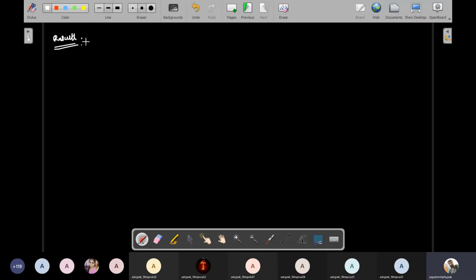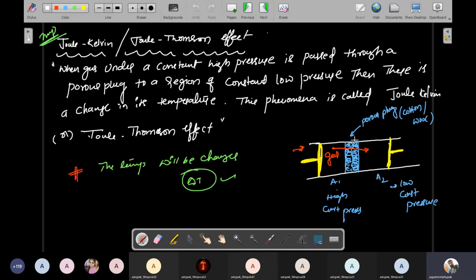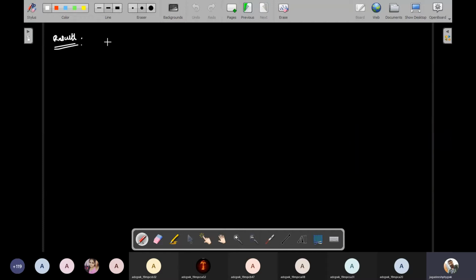So what are the results? See, the first point is that all gases passed through a porous plug suffer a change in temperature. Whenever a gas is passed through this porous plug, definitely some change in its temperature may be observed.